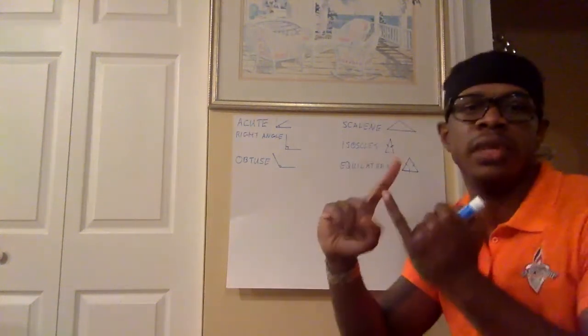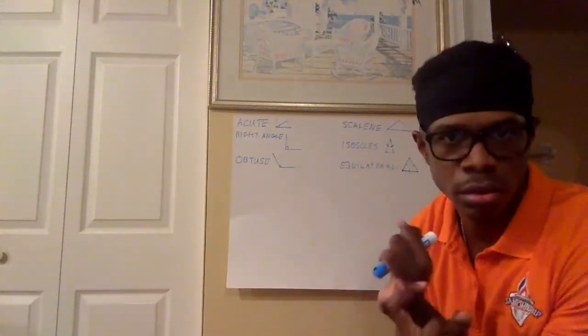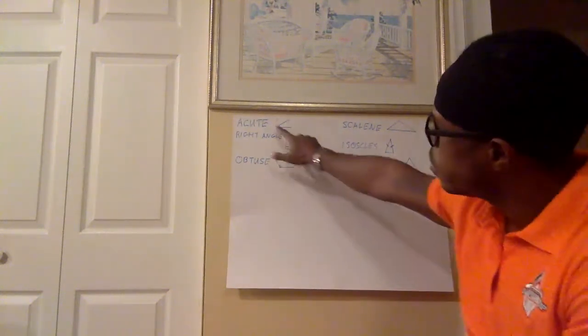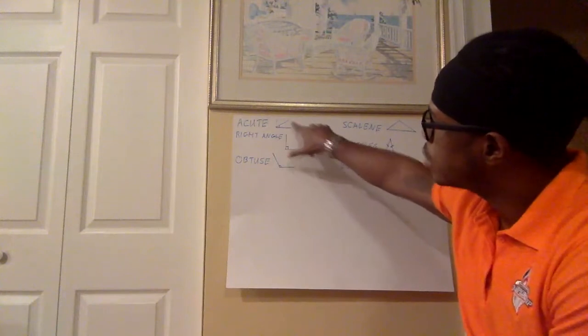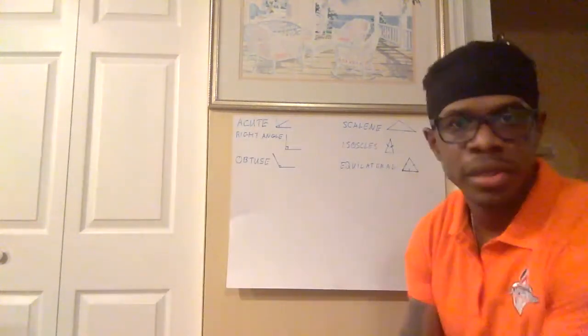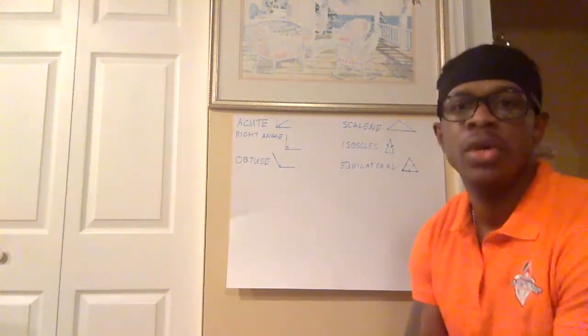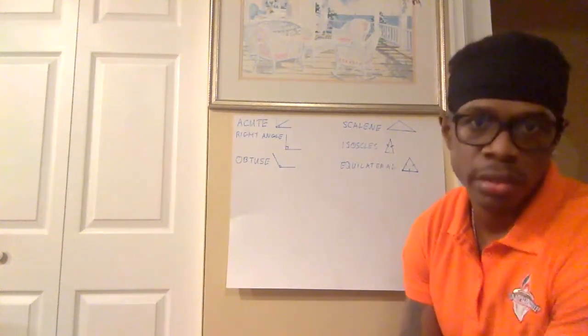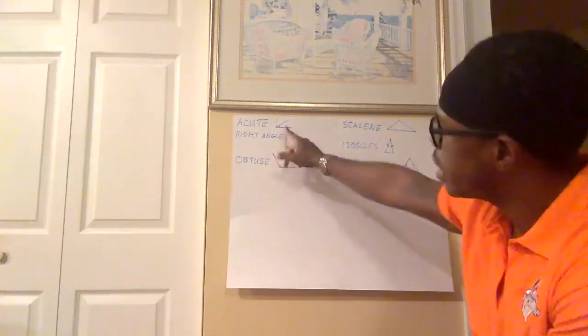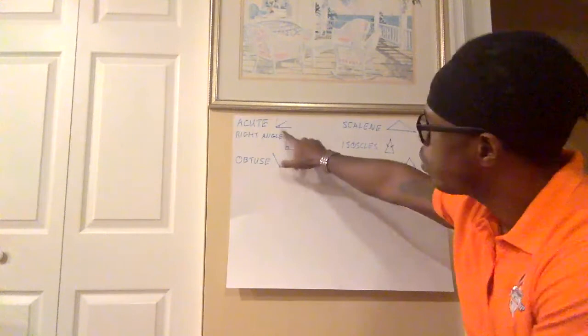So we can define it by acute angle triangle, where all three angles are smaller than 90 degrees. We can define it by a right angle triangle, where it has one 90-degree angle, or one right angle in the triangle.